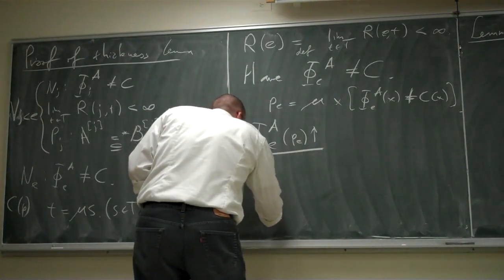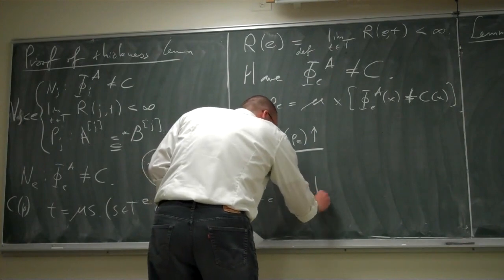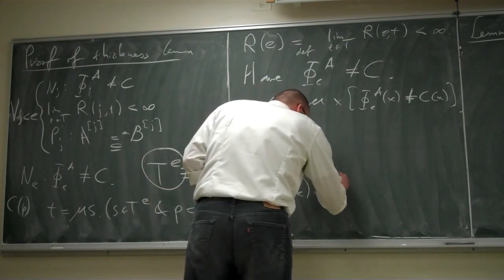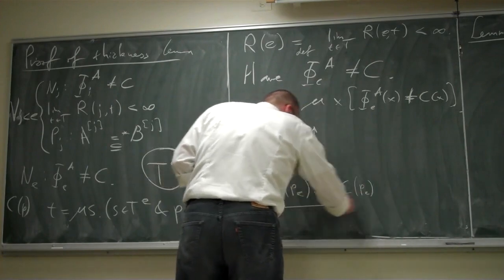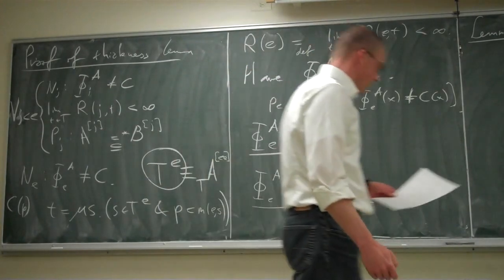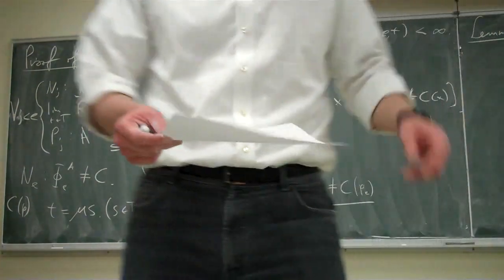Or, amazingly enough, this value converges but is different from the value of C. Okay, so then what do we do?